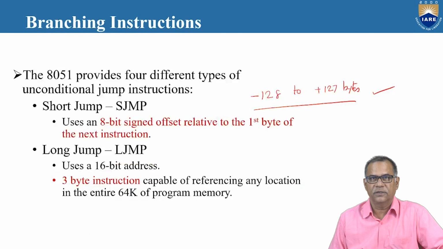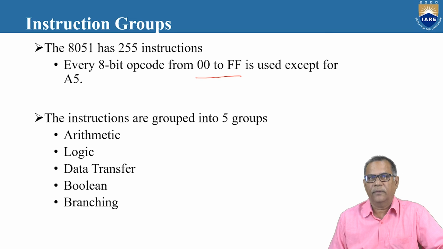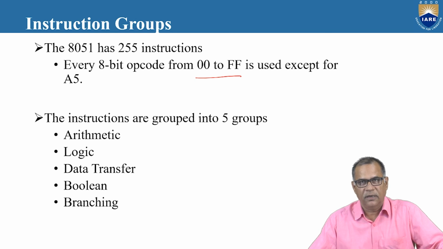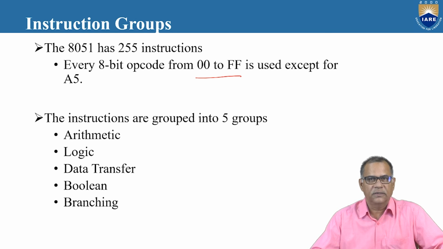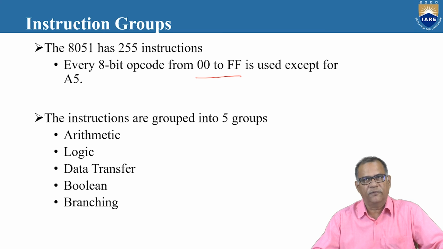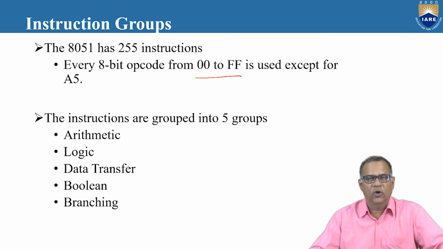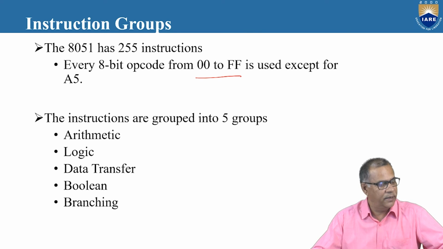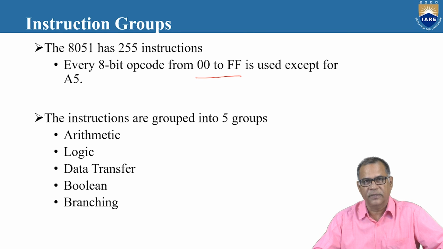So these are all the various instructions which are used in the 8051 microcontroller. We have a total of 255 instructions, and there are 8 bits meant for the opcode, so the opcodes lie in the range 00 to FF. The instructions are grouped into 5 categories: arithmetic, logic, data transfer, Boolean and branching.